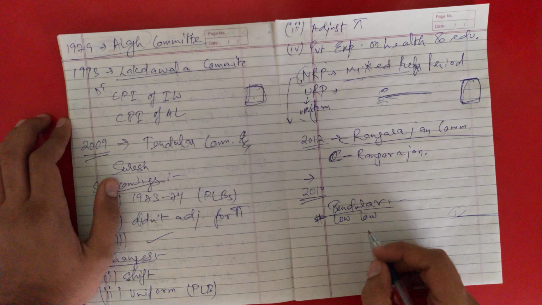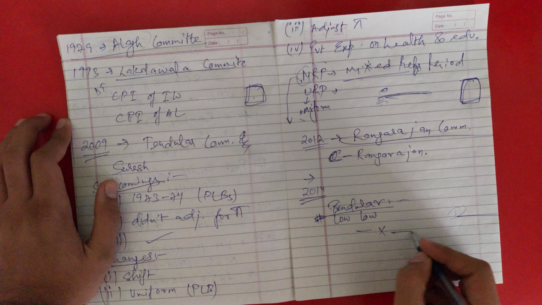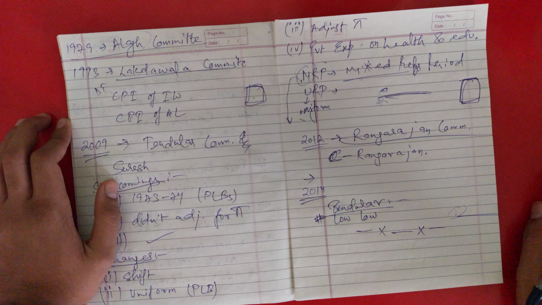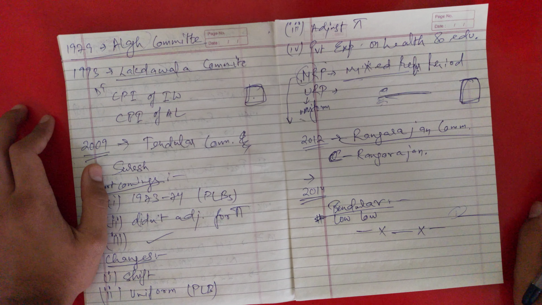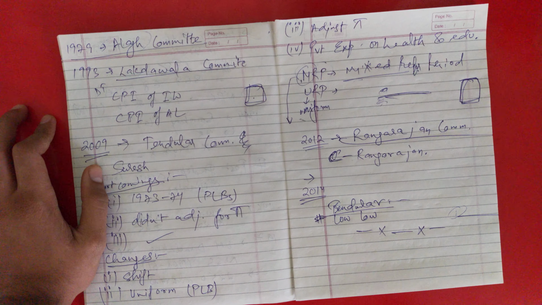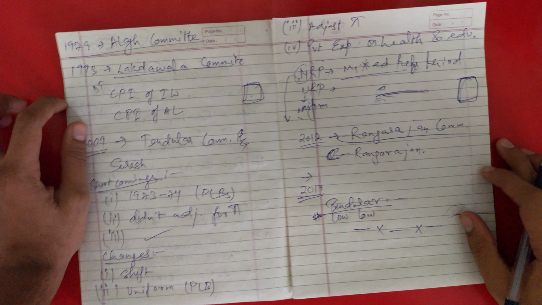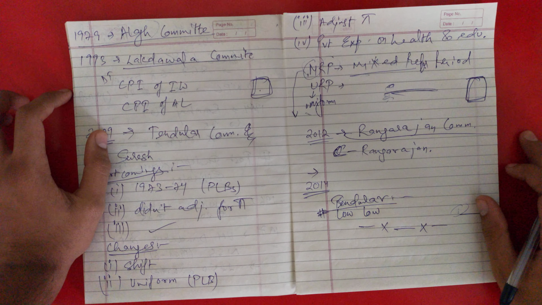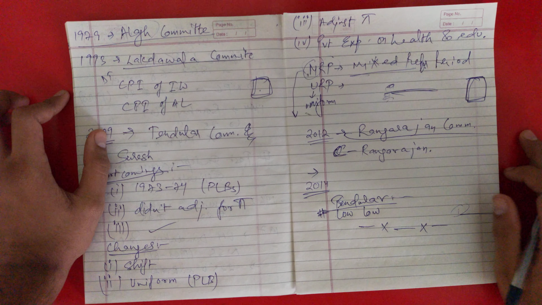So this was all about choosing the poverty line, which should be chosen, and we saw what the drawbacks are and what we should actually be looking for. We should be looking to eradicate poverty.